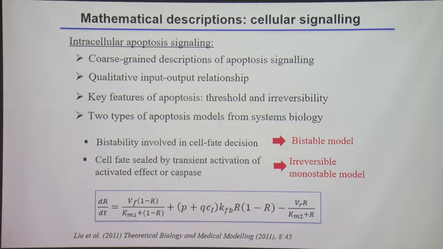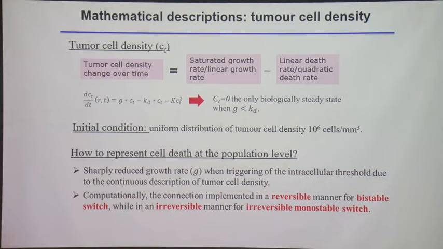I'm not going to talk about the details of these because that's Dr. Krishnan's work, and I just want to say that by modeling these, it gives you the predicted cell response. So R is the response. And this cell response is then reflected in this equation that describes the tumor cell density.